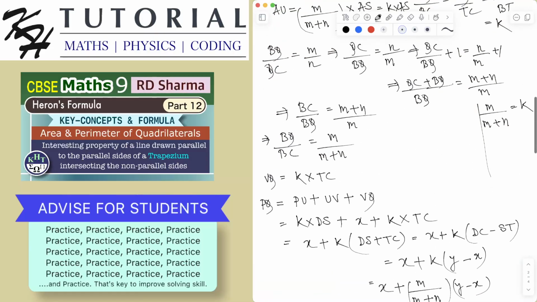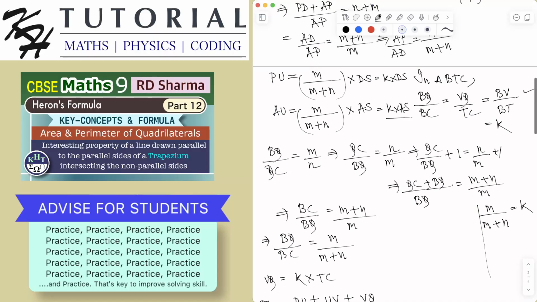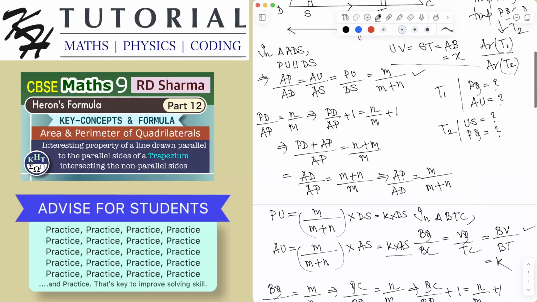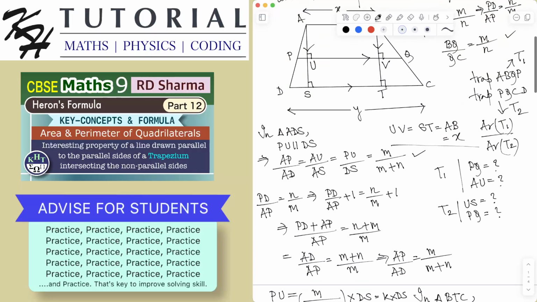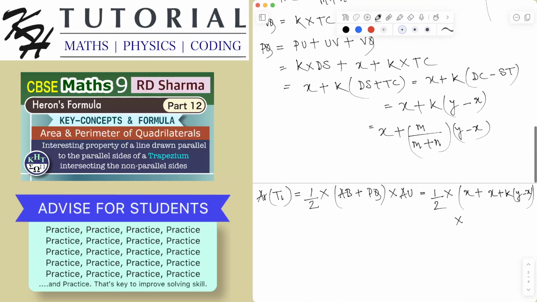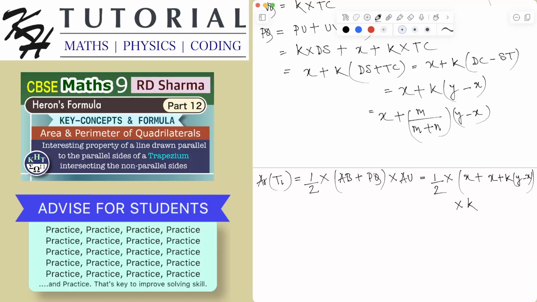What is AU? AU is k into AS. So this is equal to half multiplied by 2x plus k into y minus x multiplied by k into AS.